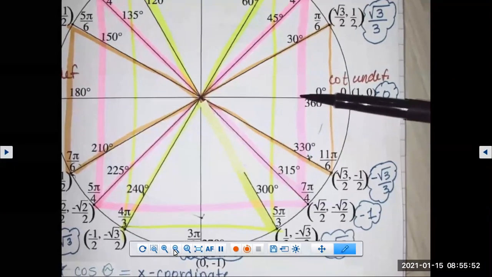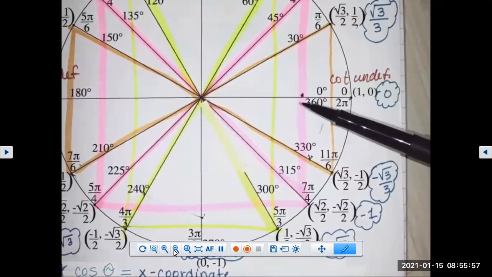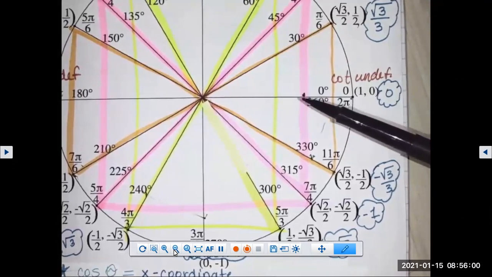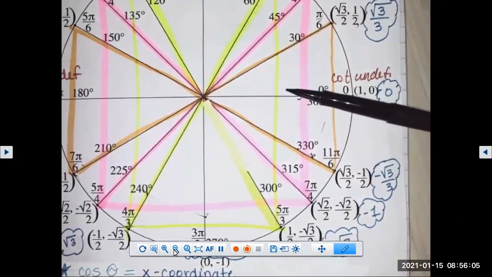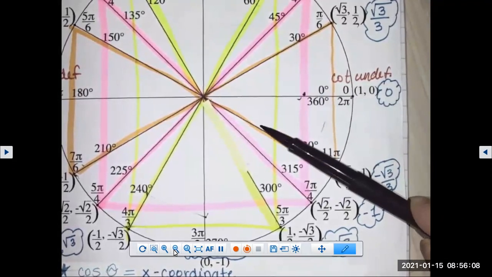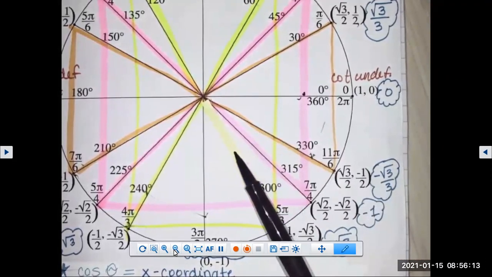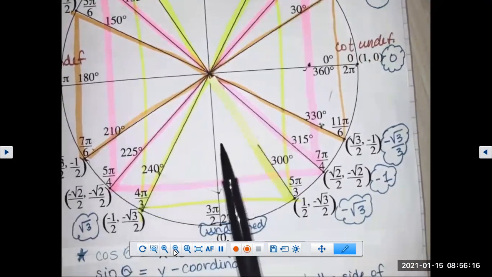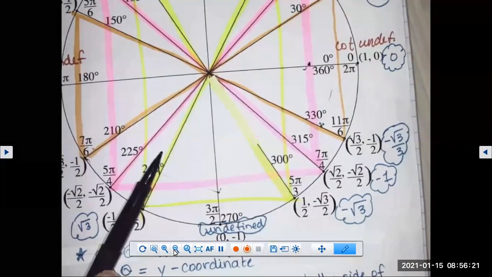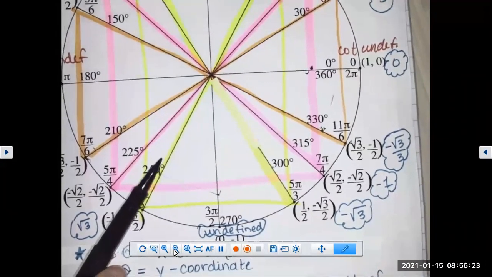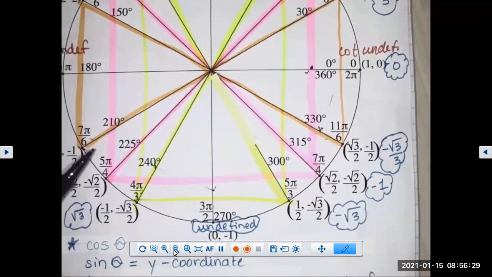This is a negative angle, so I've got to rotate clockwise. Pi over 6 is 30 degrees. So all you have to do is pick out what your basic angle is, pi over 6, and go 5 times in the negative direction. Here's negative 1 pi over 6, rotate 30 more degrees, negative 2 pi over 6, 30 more degrees, negative 3 pi over 6, and then 4, and then 5, negative 5 pi over 6.